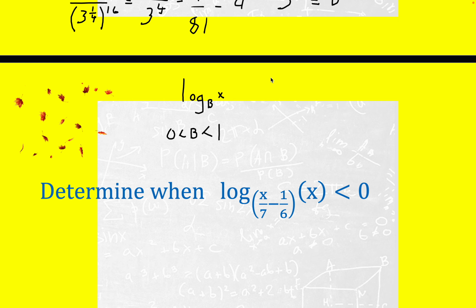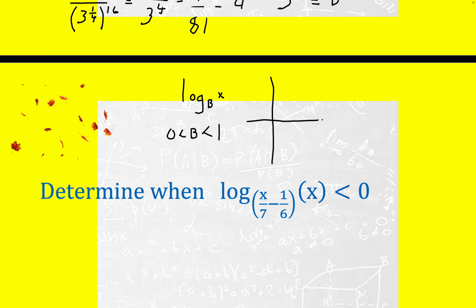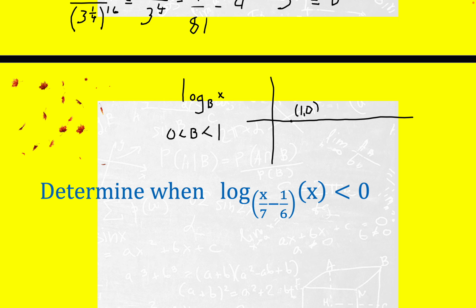Now, let's draw a picture here. There's one key point on the graph of any logarithm, and that's not shifted. That's the point (1, 0). And that's because anything raised to the 0 power is 1.